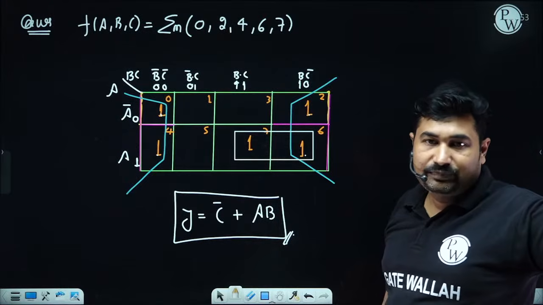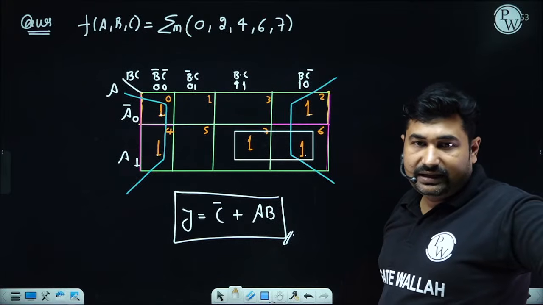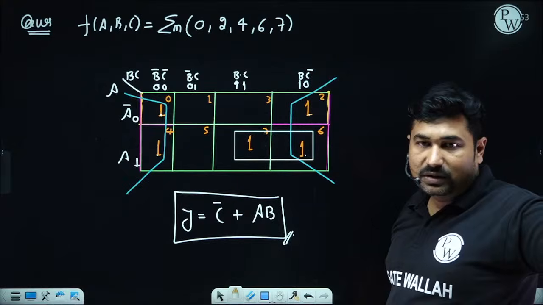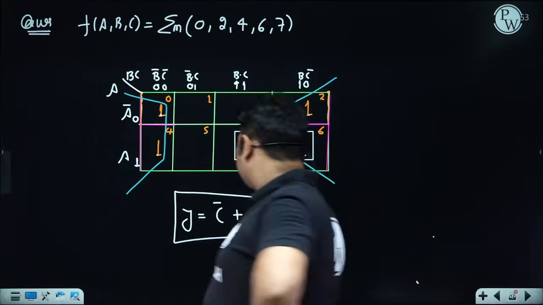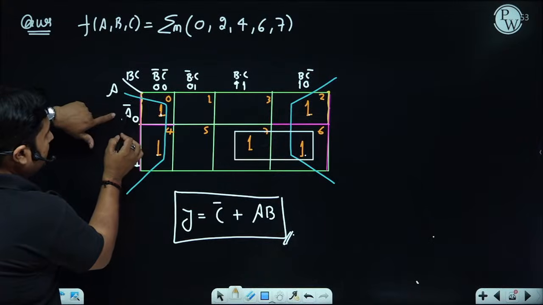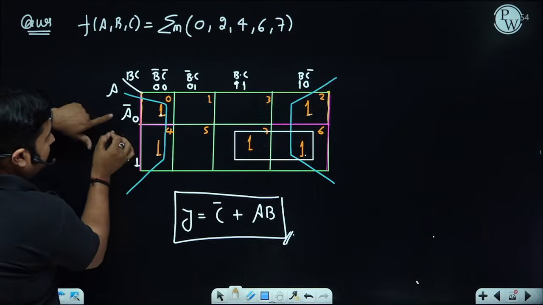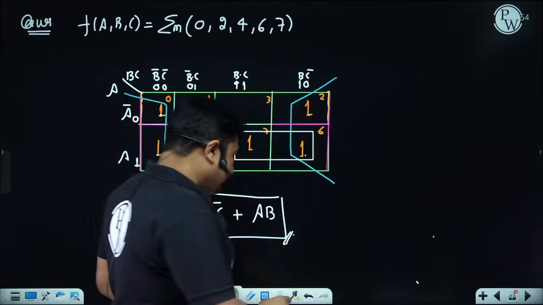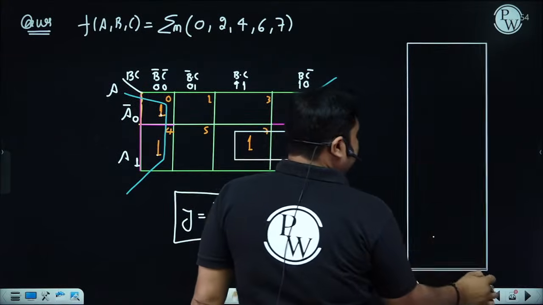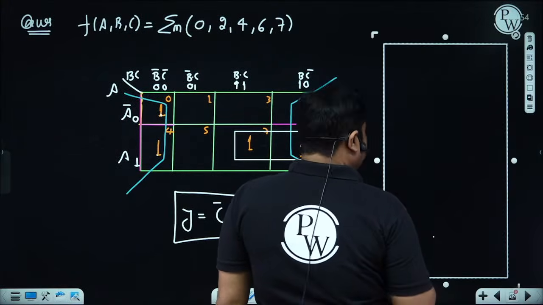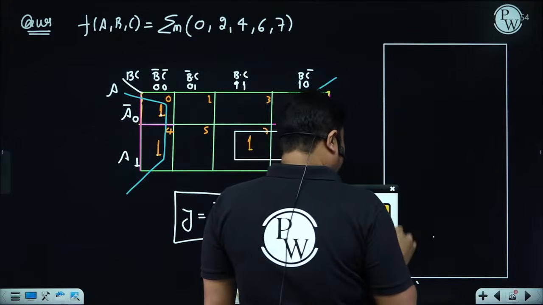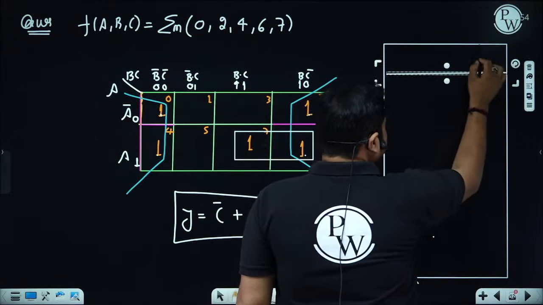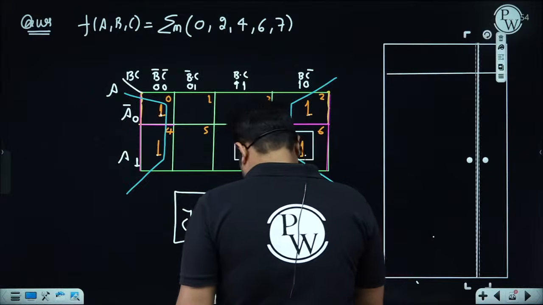Sir, why is A 0, not 1? A is 0, A bar. 0 is indicated by A bar and 1 is indicated by A. See, basically, if we have three variables, please observe. I am explaining it once again because some of you are just from first year or second year.